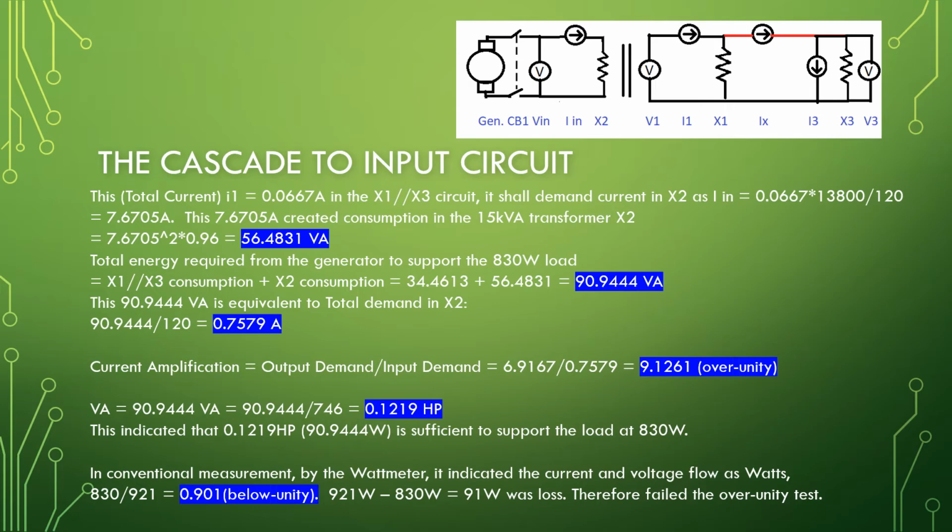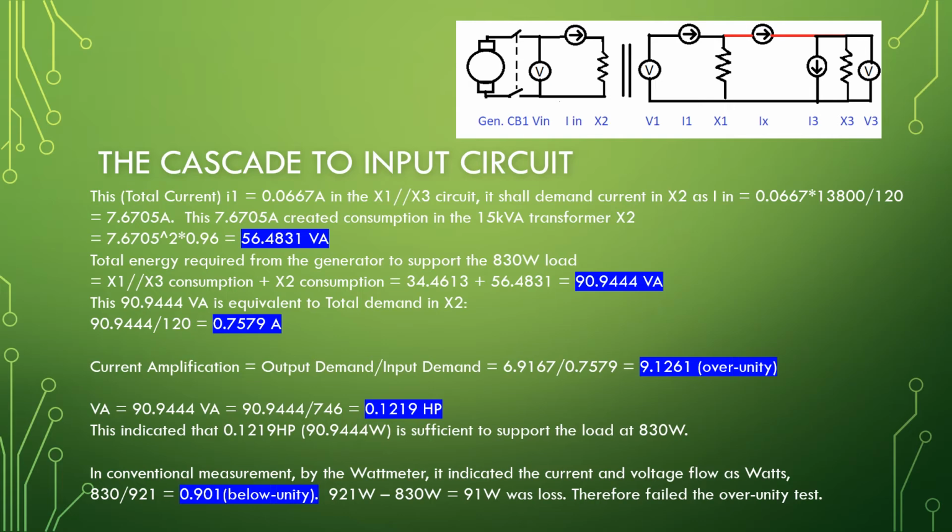This indicated that 0.1219 horsepower, 90.9444 watt is sufficient to support the load at 830 watt. In conventional measurement by the wattmeter, it indicates the current and voltage flow as watts.